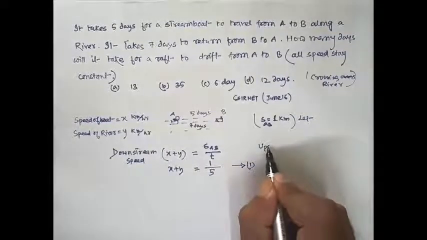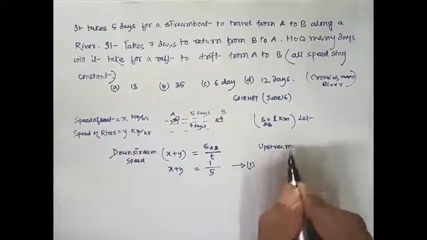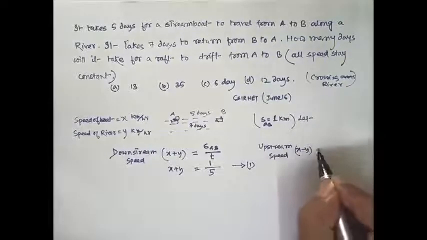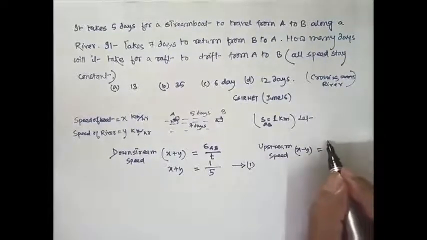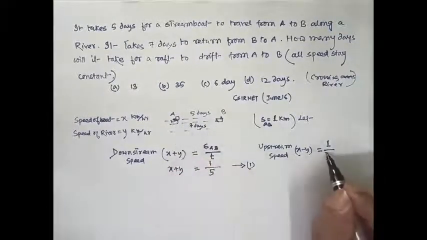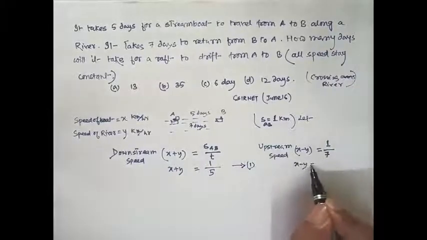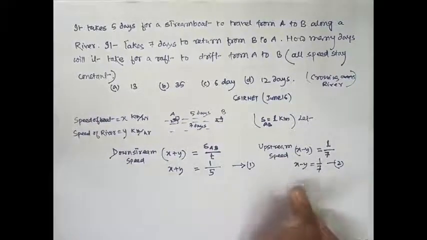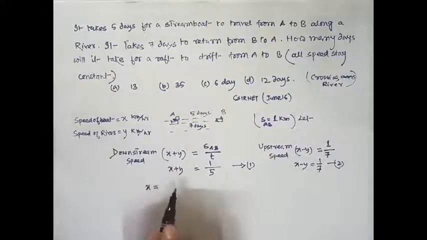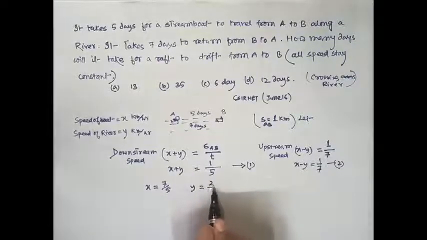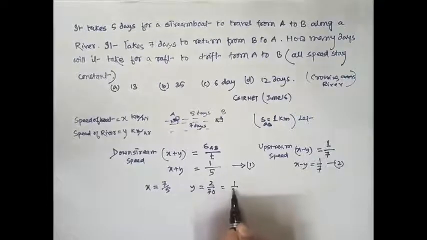Similarly, for the upstream speed, x minus y is equal to the distance between B and A divided by the time required to travel from B to A, which is 7 days. So x minus y is equal to 1 by 7, let us number it as equation 2. From these two equations we will find x equal to 6 by 35 and y is equal to 1 by 35.